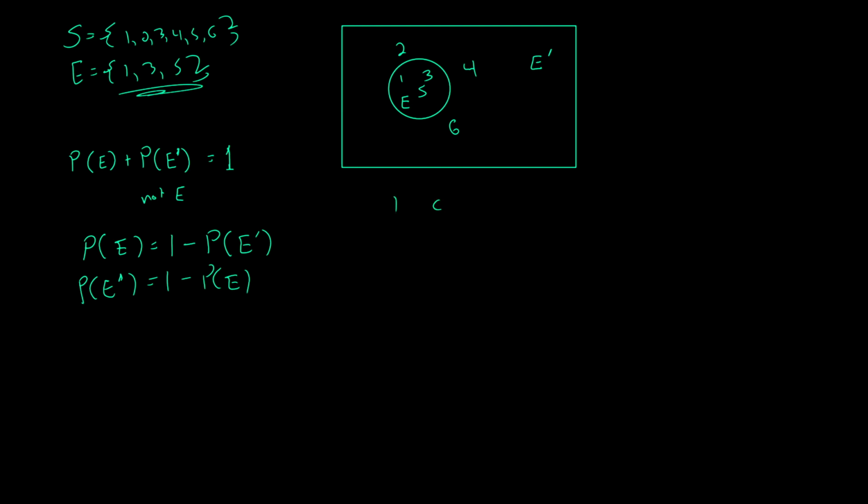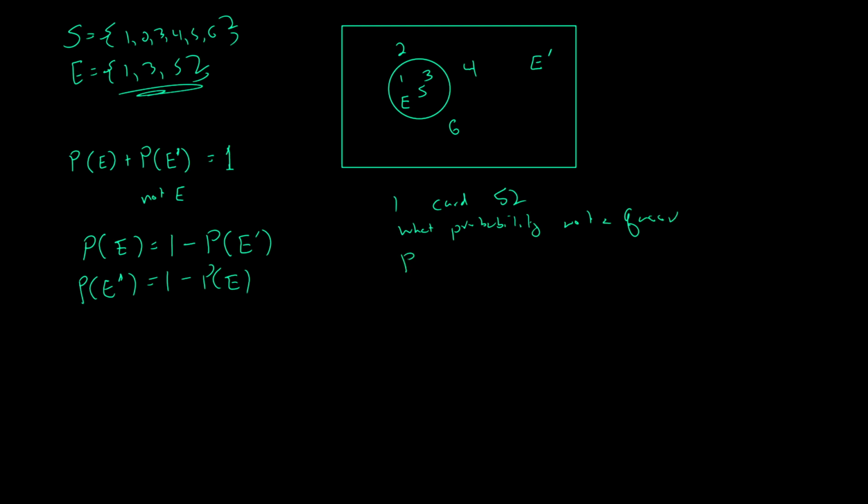So for example, if I deal 1 card out of the 52 in the deck, what is the probability that it's not a queen? What is the probability that I get something that isn't a queen?